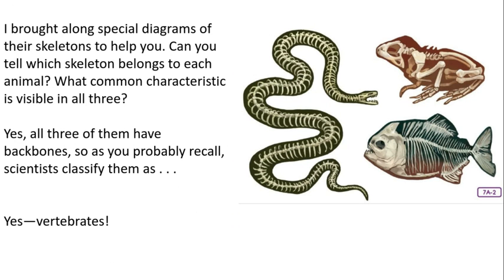I brought along special diagrams of their skeletons to help you. Can you tell which skeleton belongs to each animal? What common characteristic is visible in all 3? Yes, all 3 of them have backbones, so you probably recall scientists classify them as, yes, vertebrates.